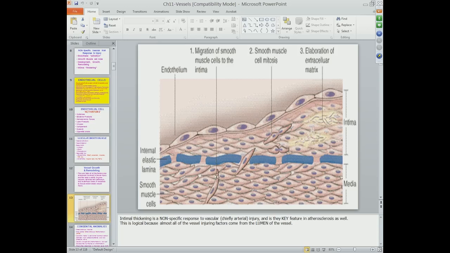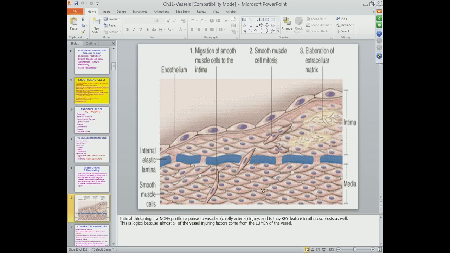But remember, the smooth muscle cells aren't just sitting there squeezing, they're also making a wide variety of matrix compounds. Now, in a non-specific response, these smooth muscle cells breach, they cross, they migrate through the internal elastic lamina. So if you see smooth muscle cells on the luminal side of the internal elastic lamina, there's a good chance that that vessel has been injured.